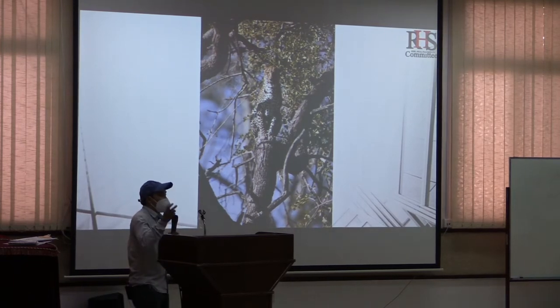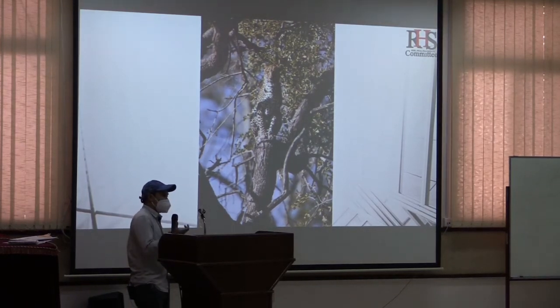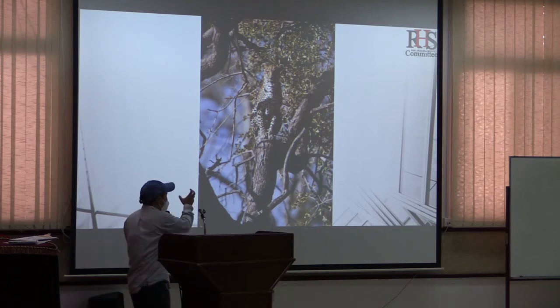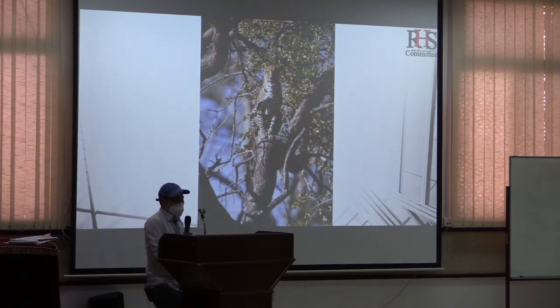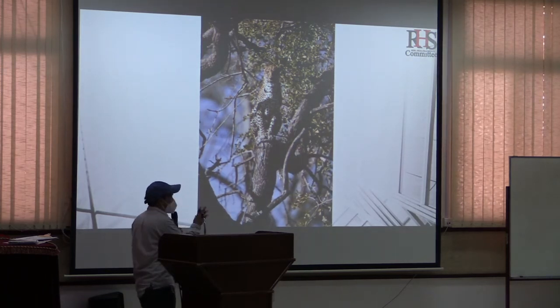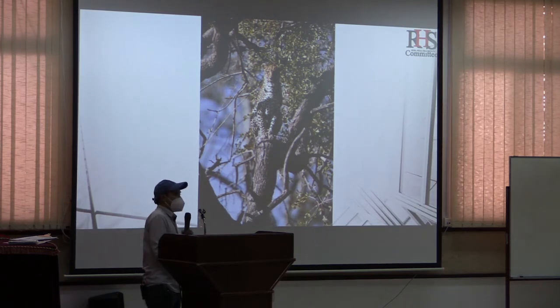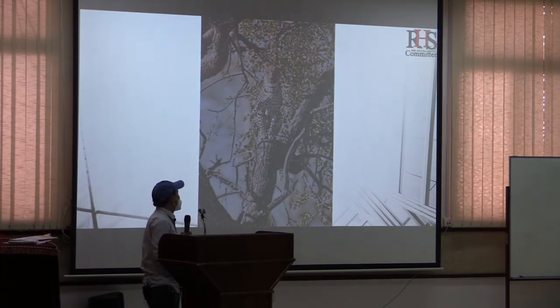If I go back to the original image, you cannot unsee the leopard; your eyes will be drawn to it immediately, because I introduced that there is a leopard there.